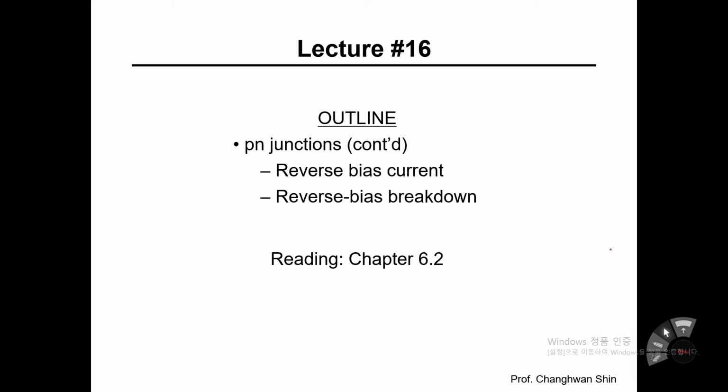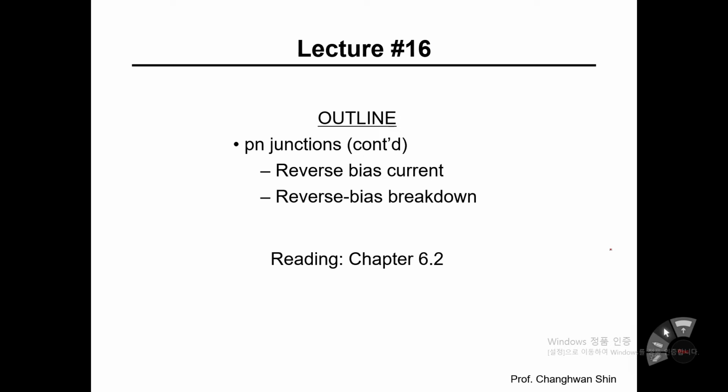Since there is not much voltage drop across the N side quasi-neutral region, the injected holes can diffuse out. That's the reason why we used the minority carrier diffusion equation, which was mathematically described as a second order partial differential equation.